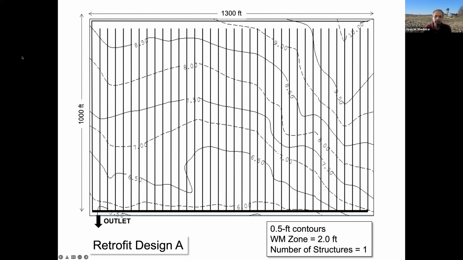But then it also comes to the discussion of how you manage these structures and when. If you're running the risk of having high saturation, maybe you just want to lower the boards a little bit during that time, but then during non-growing season, you can still set the boards up high enough that you can maximize the zone of influence for the water quality benefits.